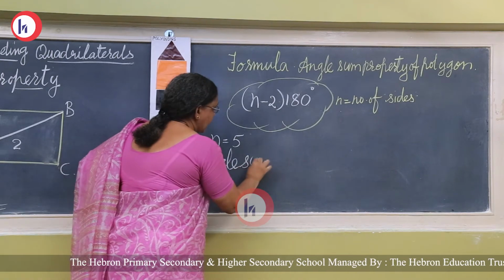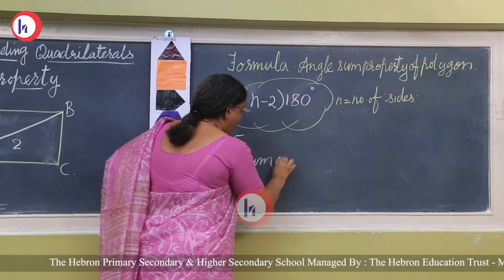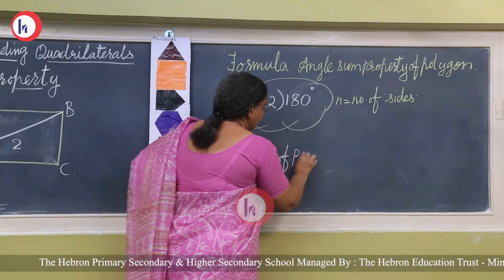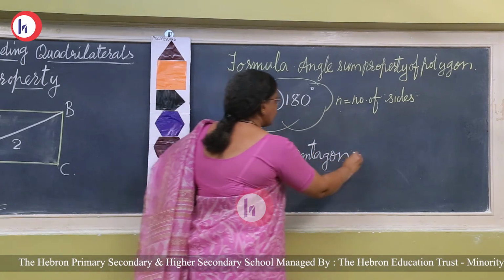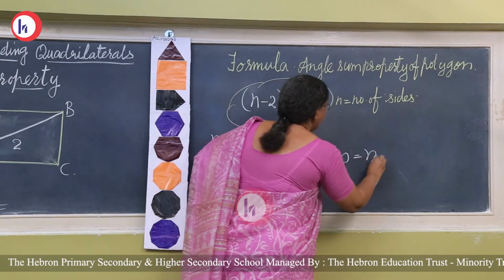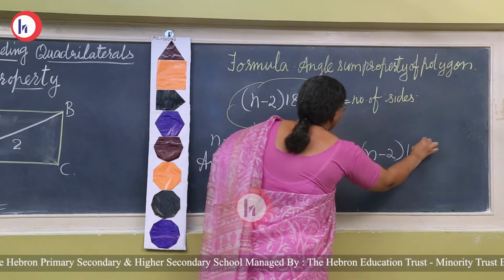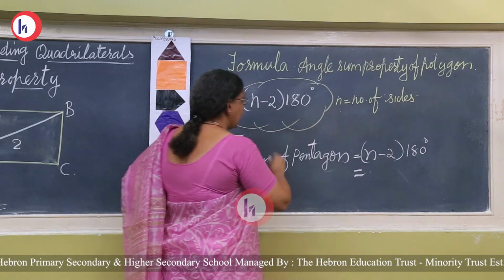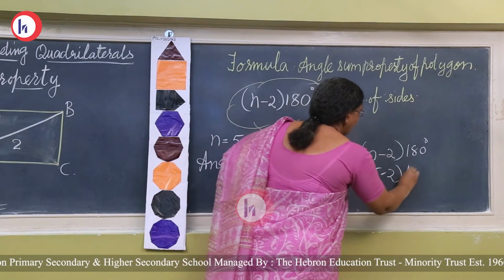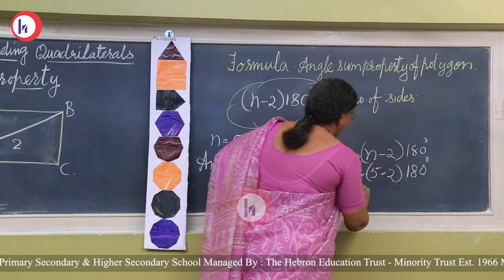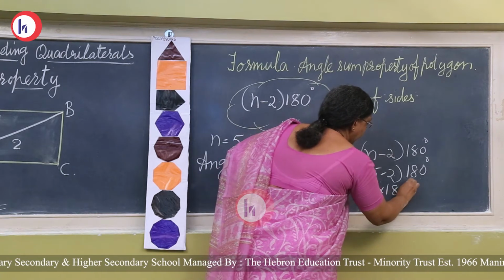So, angle sum property, that means the total angle sum of a pentagon. Pentagon is a polygon. Use the formula that is n minus 2 into 180 degree, where n is the number of sides, that is 5. 5 minus 2 multiplied by 180 degree, that is 5 minus 2 is 3, 3 into 180 degree.